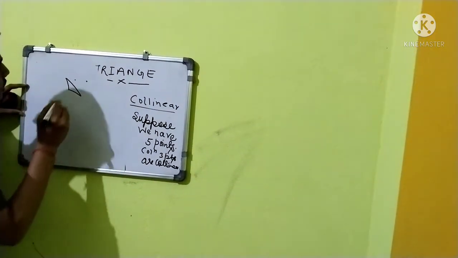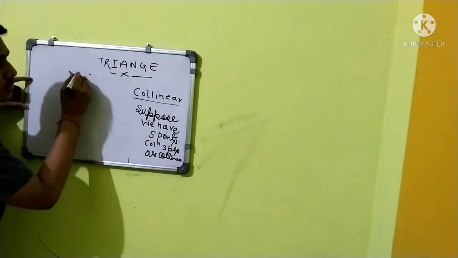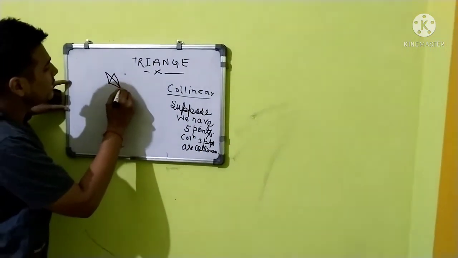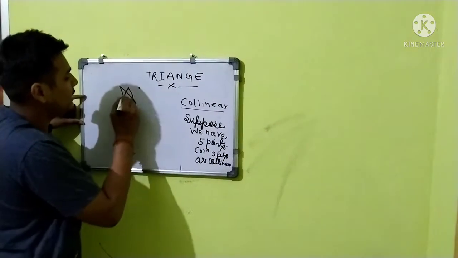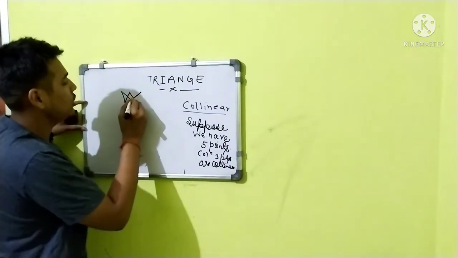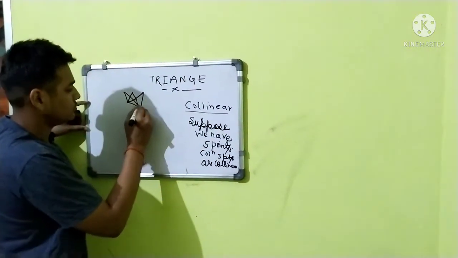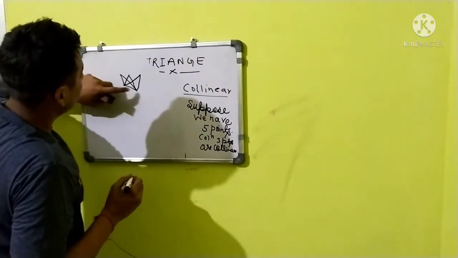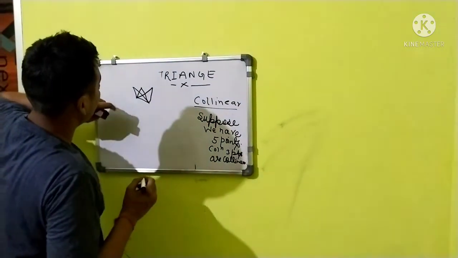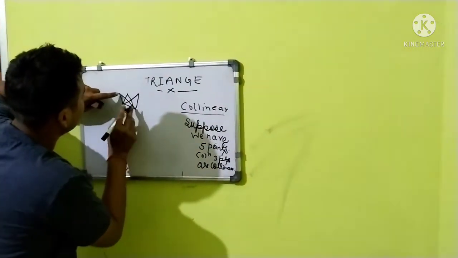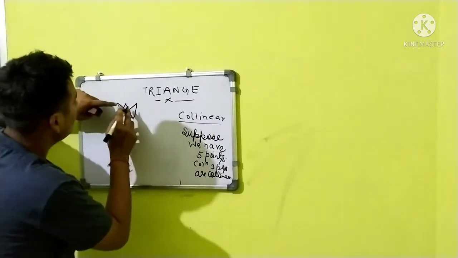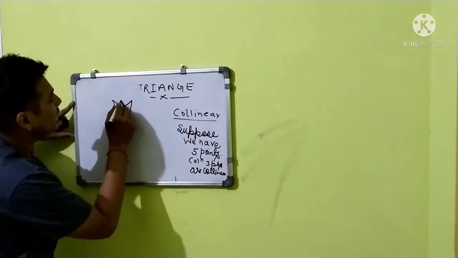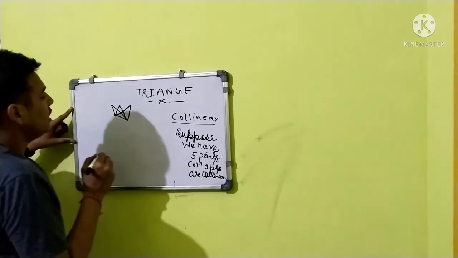One triangle is drawn. Now coming to the second point, we draw another triangle. By this point and these 2 points, another triangle is drawn. In a similar way, if we join these 2 vertices, another triangle is drawn. If you take that given point, another triangle is drawn, and if you take that point, another triangle is drawn.